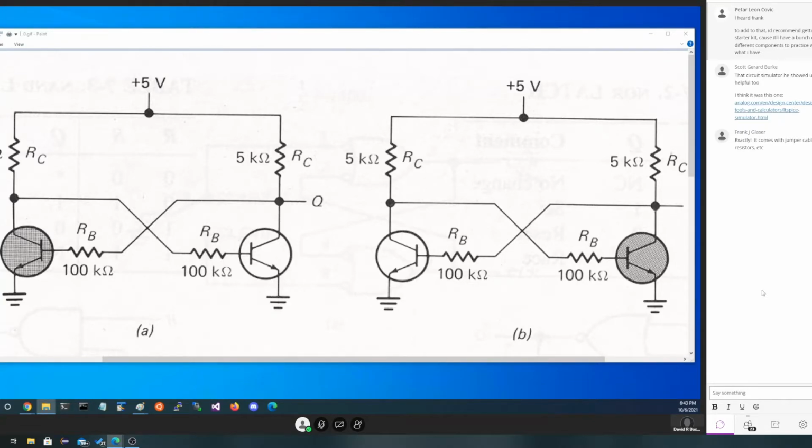Kind of make some sketches on a little piece of paper if you have to think about it. Think about it. We're trying to decide if when we turn this on, apply 5 volts to it, is that transistor the one that's going to be on, or is that transistor, assuming that there's just two pictures of the same circuit?